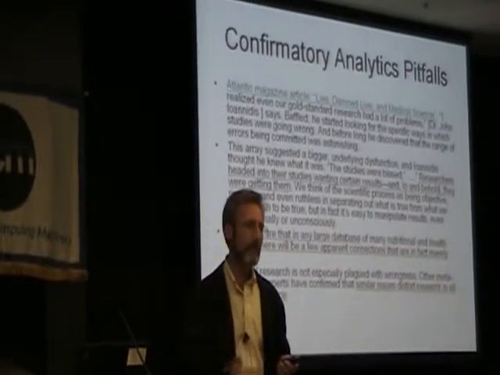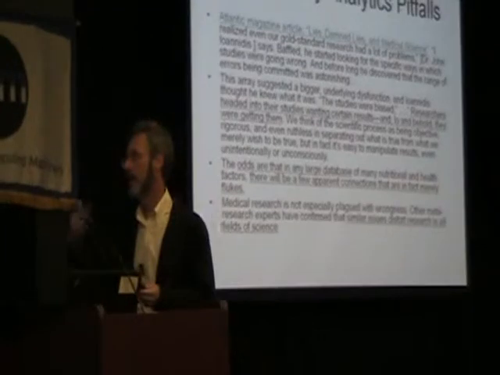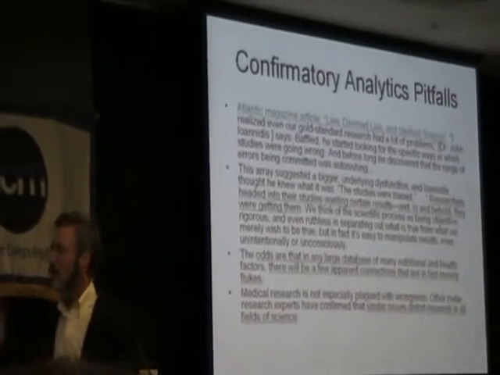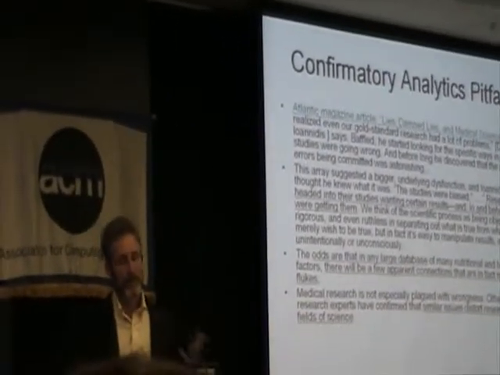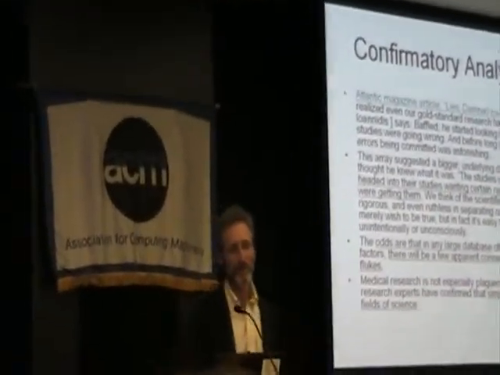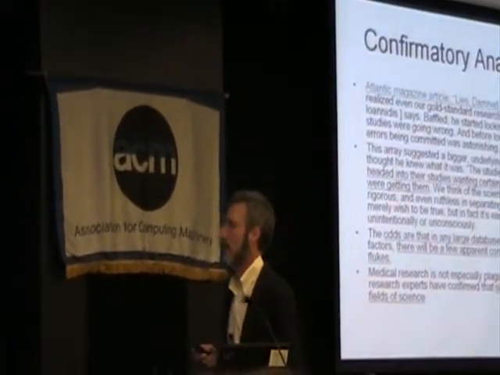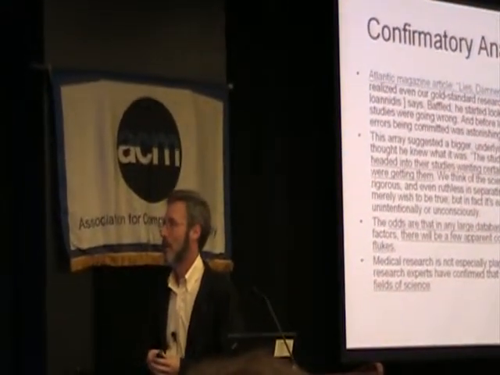Their own hypothesis going in was essentially becoming a part of the results they were getting at the other end. And the odds are that in any large set of data, and we know this as data miners, you're going to find some connections, you're going to find some patterns, no matter what, if you look hard enough, if you've got enough data. So you've got to be very careful about this.